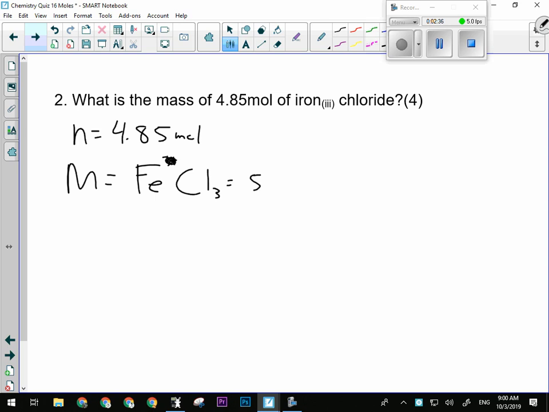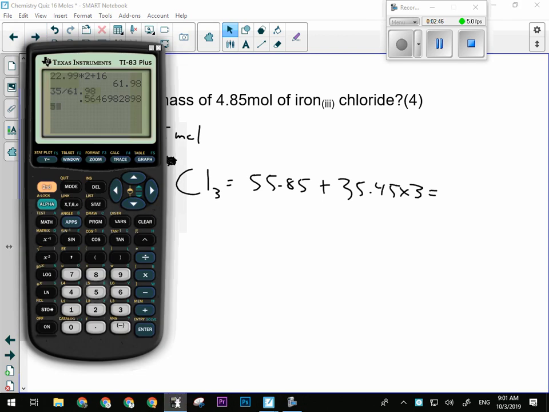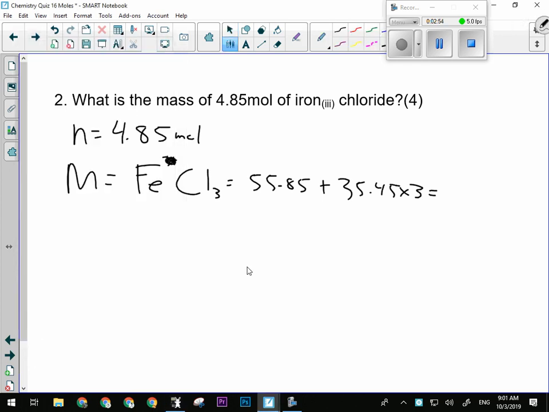So that'll be 55.85 plus 35.45 times 3. All right, so we're looking at a molar mass of 162.2 grams per mole. All right, 1 mark for that.